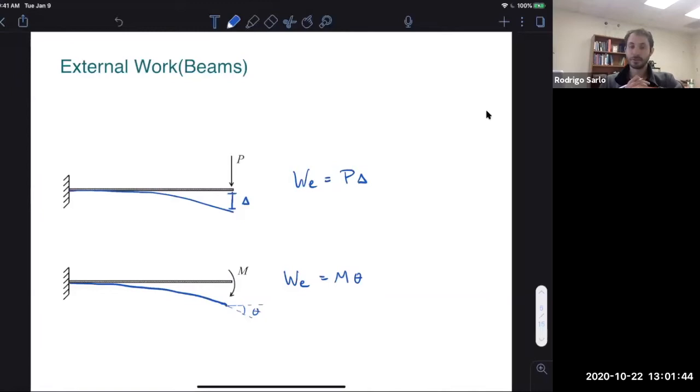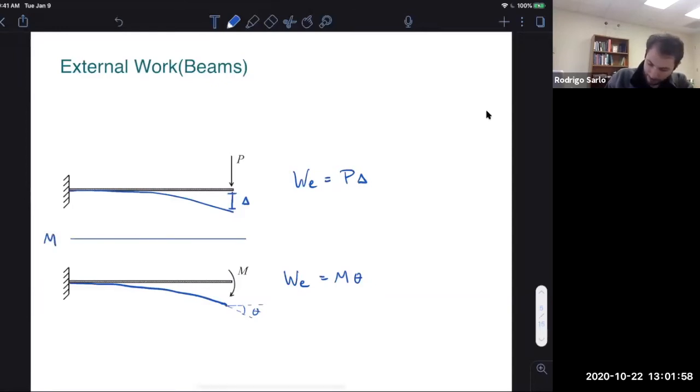So if you think about the moment diagrams for these two cases, if I do the moment diagram for the top beam, there's going to be some sort of moment at the reaction, but it's going to go to 0 there, right at the end.